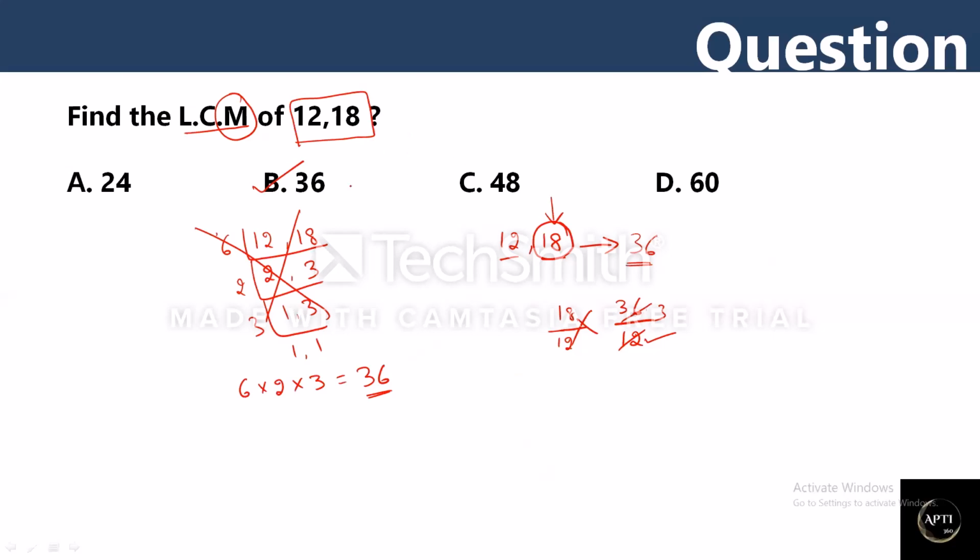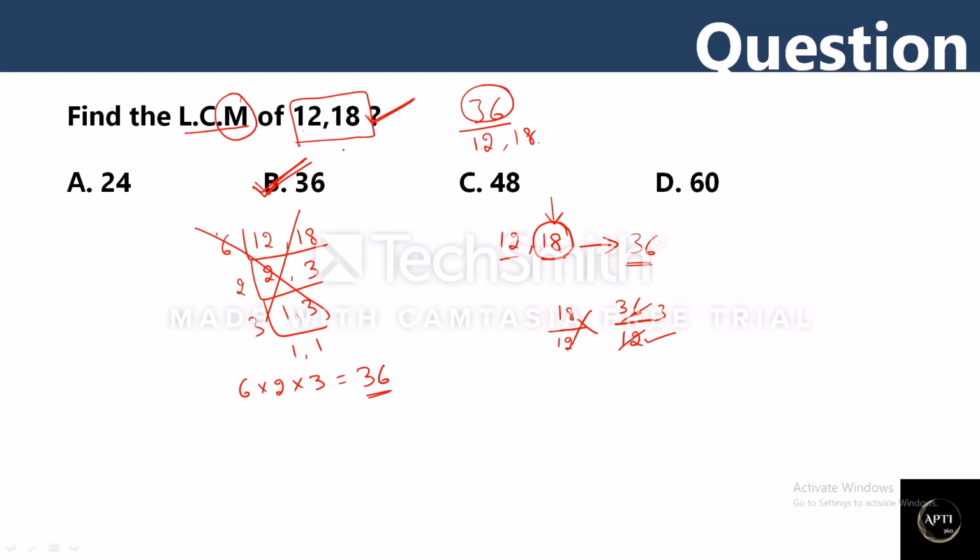When we talk about the LCM of 12 and 18, which is 36, for sure this 36 should be divisible by the given numbers, correct? 36 is divisible by 12 and 36 is divisible by 18, which means it is a common multiple of 12 and 18. So for sure the answer will be divisible by 12 and 18. Now we are going to cross check with the divisibility rule of 18.